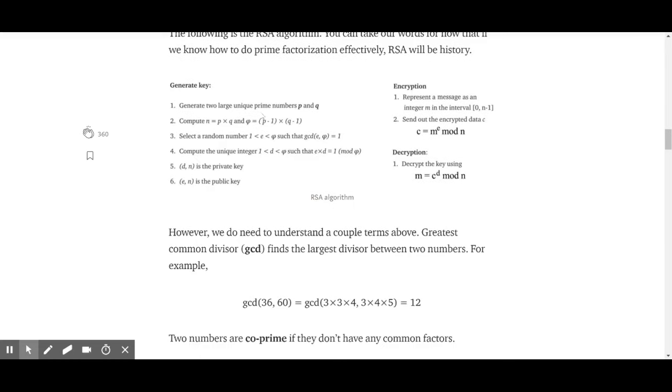Generate two large unique prime numbers, P and Q, compute N, select a random number such that the GCD, the greatest common divisor, equals 1.